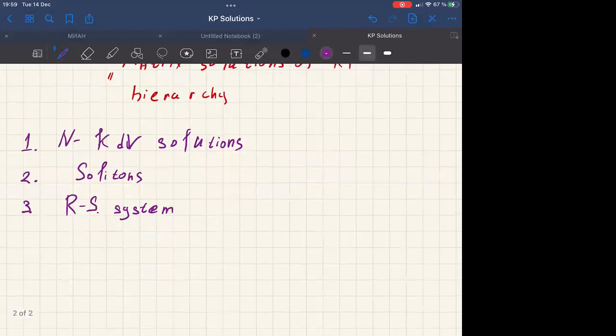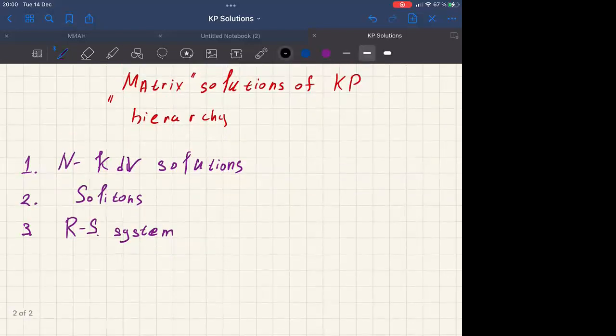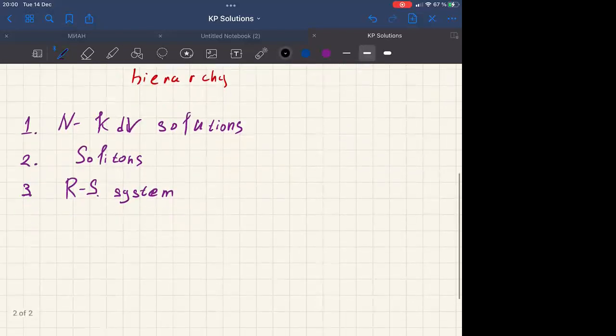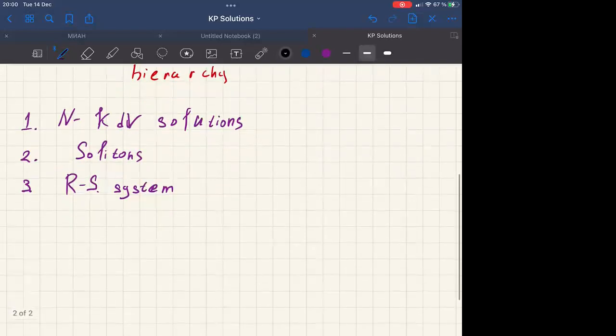This is, I hope, my final part where I use some specific solution which I obtained before for the KP hierarchy previously.